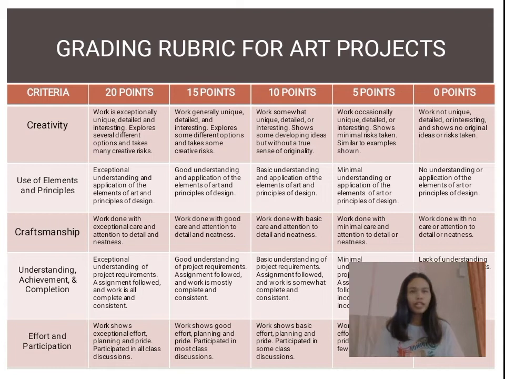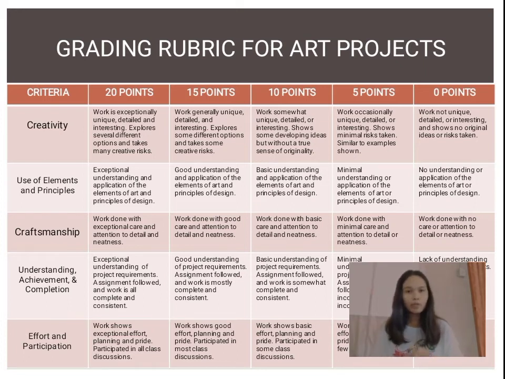Today I am going to continue the discussion for grading rubrics for art projects. So we have the second criteria, the use of elements and principles. This criteria will be focusing on the understanding and the application of the elements of art and principles of design by the artist on his artwork.